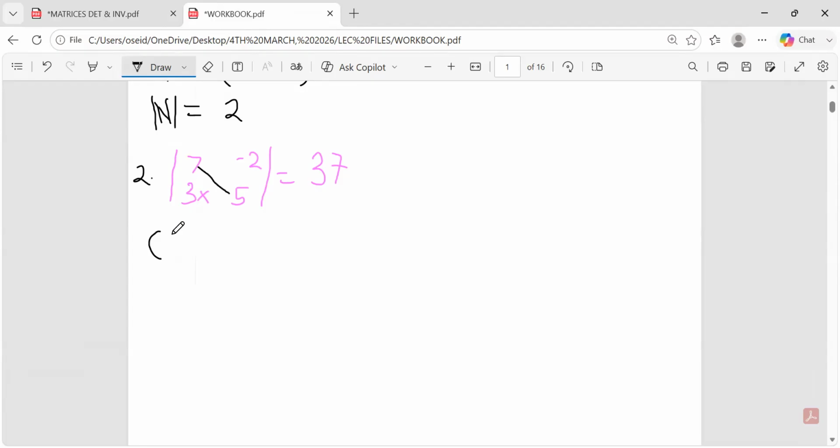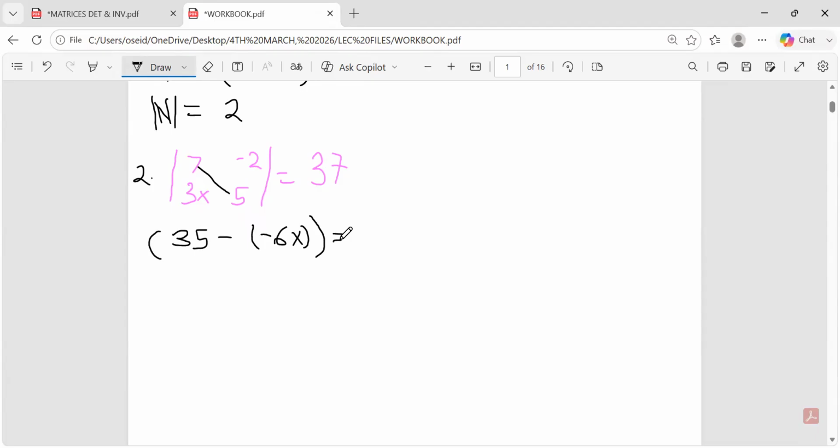So 7 times 5 is 35, minus negative 2 times 3x. We are going to get negative 6x. Yes, we put the negative 6x in brackets so that we don't confuse ourselves with the formula.